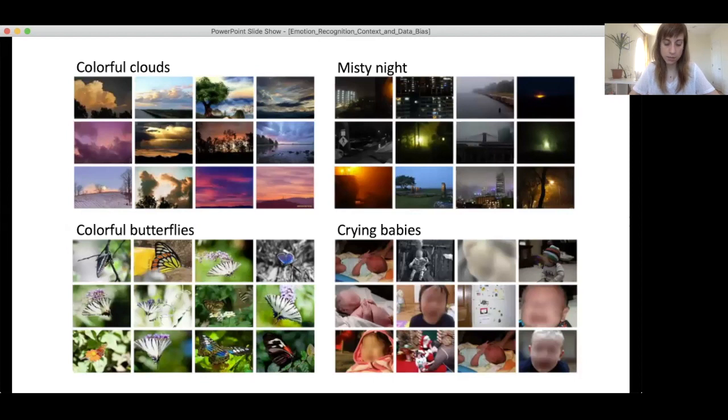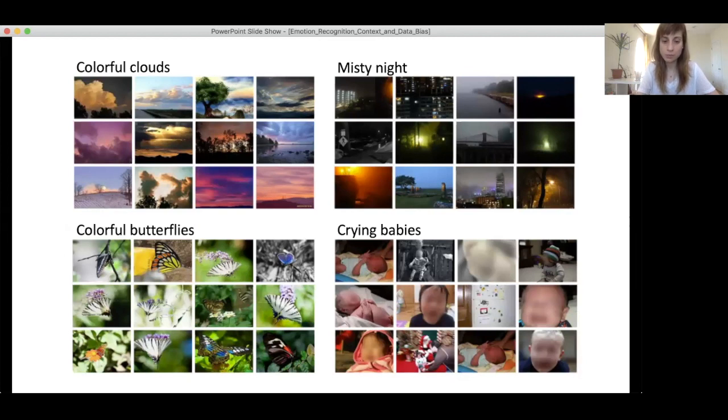After this mining, they came up with a collection of nouns and adjectives that appear frequently in those images and videos that were retrieved using these emotion words.